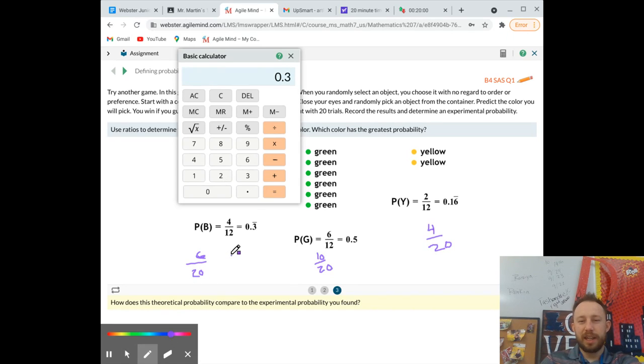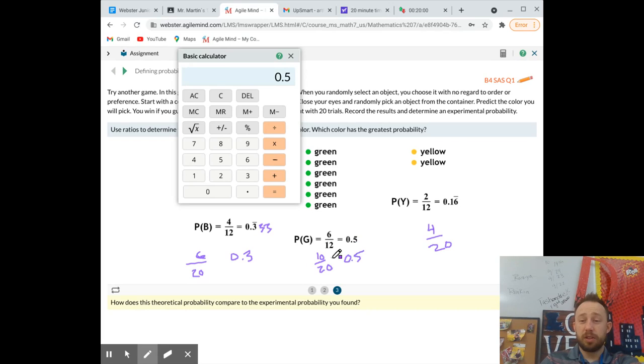Hey, that's like exactly the same, ain't it? Or it's really close. That's actually 0.3, and it just keeps going. But that's pretty close. All right, what do we get for 10/20ths? Is that the same? Yes, sir.